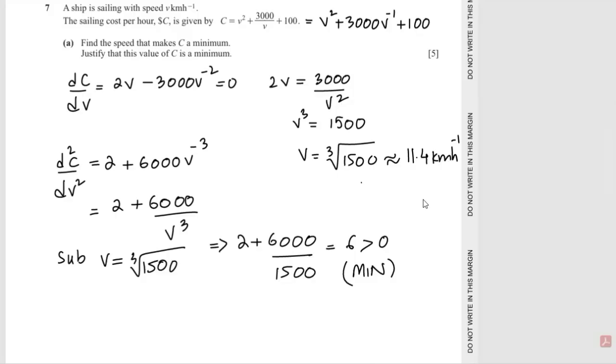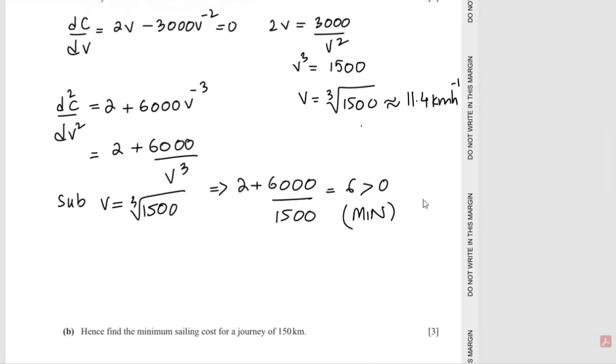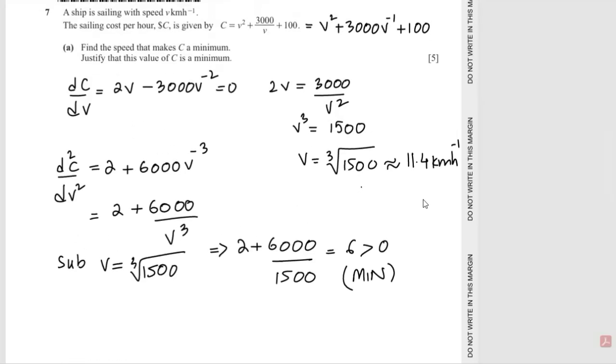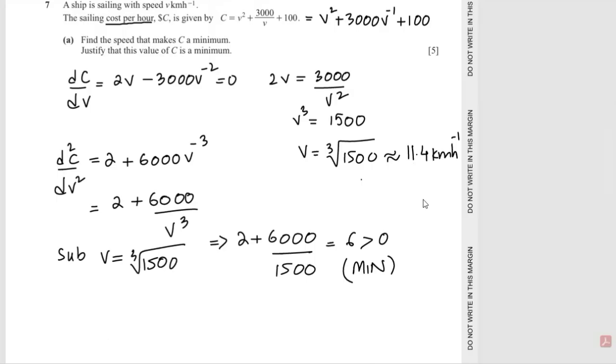Right. Okay. So now they're saying, hence find the minimum sailing cost for a journey of 150 kilometers. So what does this expression give us? It gives us cost per hour. So first you need to calculate the minimum cost. Let's get this.